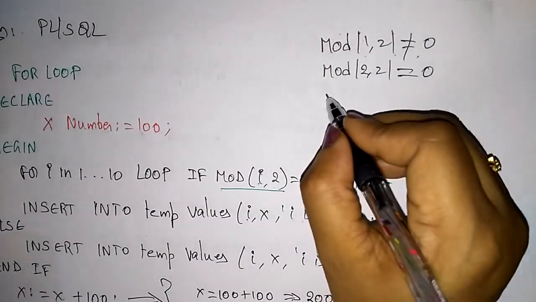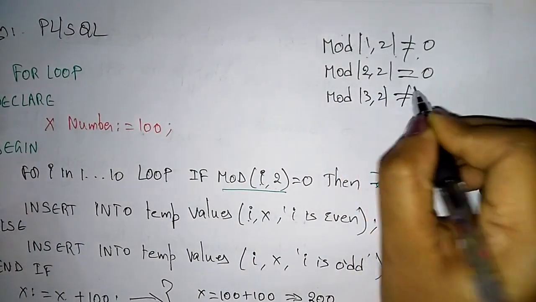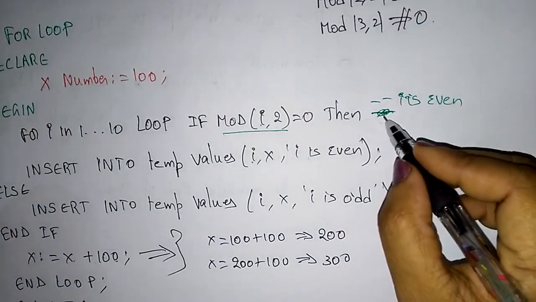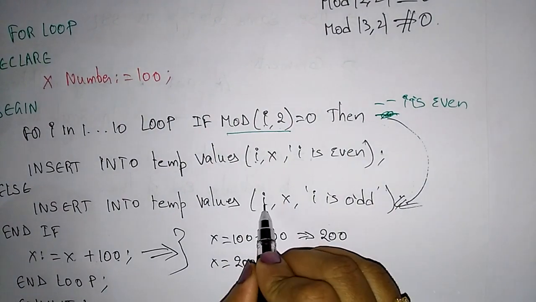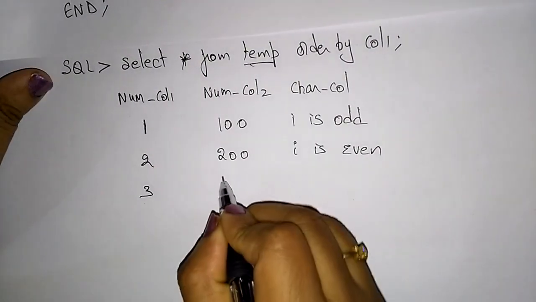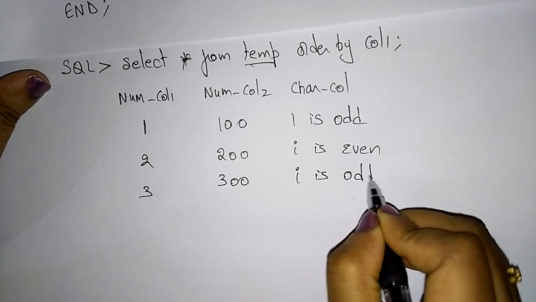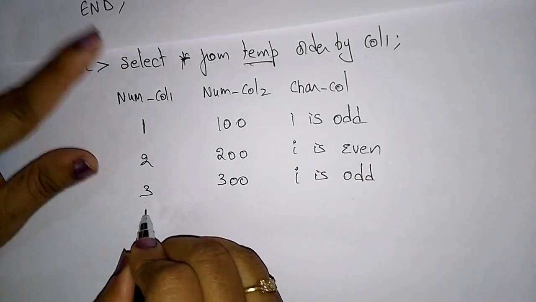Now the I value is 3. MOD(3, 2) is not equal to 0, so the controller jumps to the else part and prints I as 3, x as 300, and 'I is odd'. Like that it continues with the program up to 10.